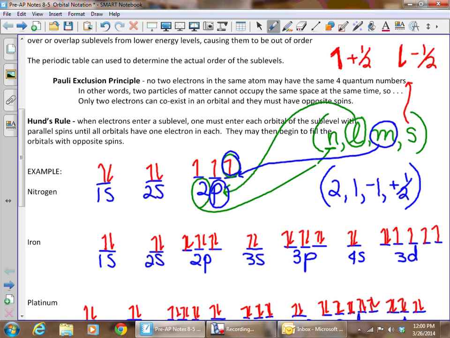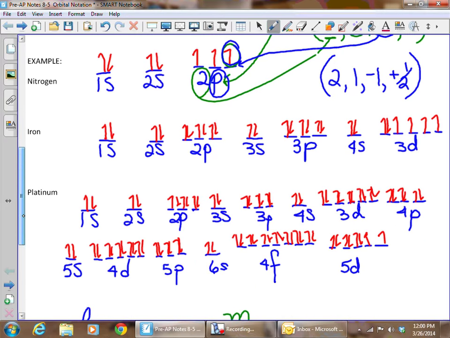So let's look now at the last electron in iron. Now be careful, this is where people make a mistake. They will often try to circle the last one on the right, but it's not the furthest one to the right, it's the last one you drew in. And the last one we drew in was this down arrow in this first orbital blank. So this is the one we're going to find a quantum number set for.